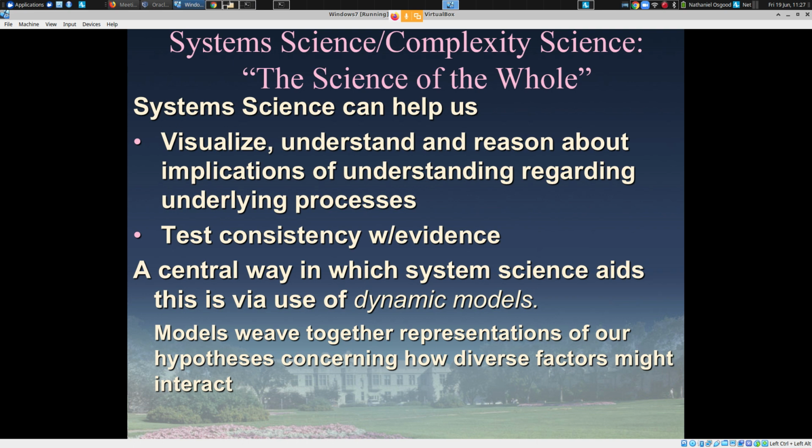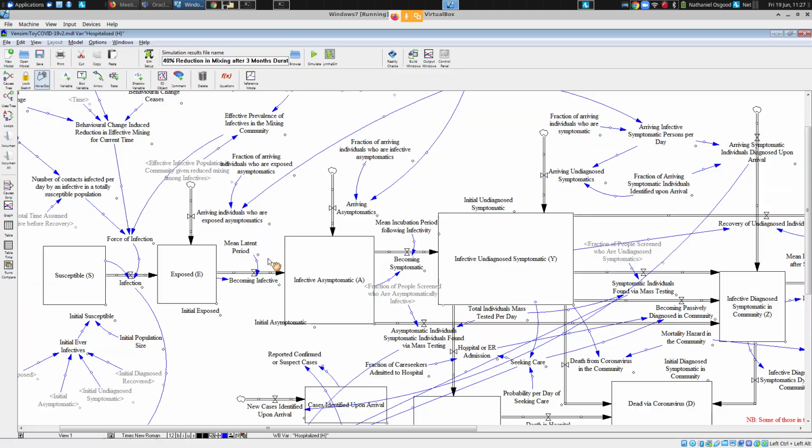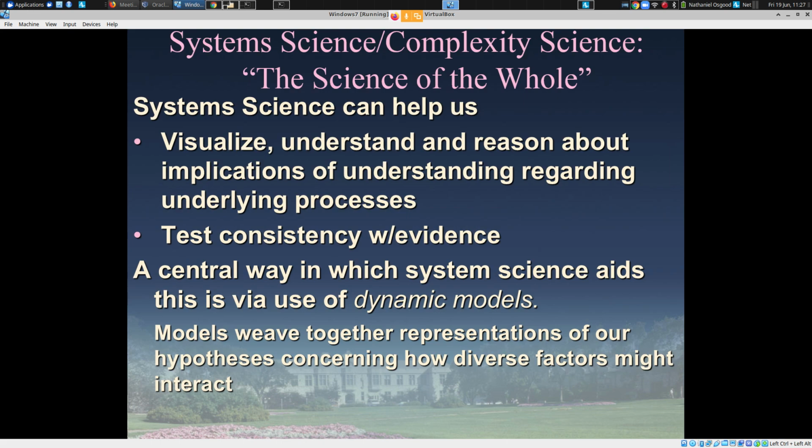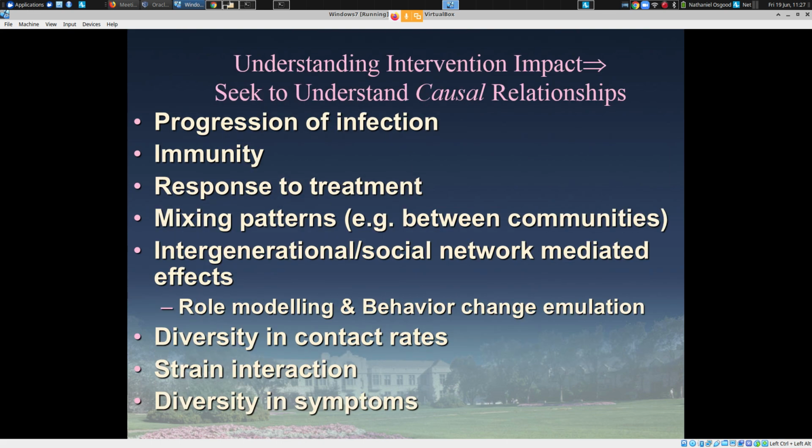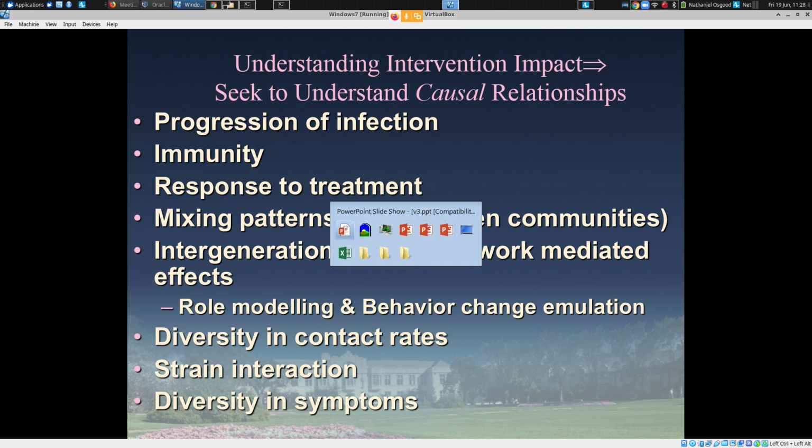Influential on a day-to-day basis within our care system here, within Public Health Agency of Canada, within the WHO, and worldwide. These models weave together a representation of our hypotheses, our sort of theory about how things might work in the world, so that we can understand their logical implications.